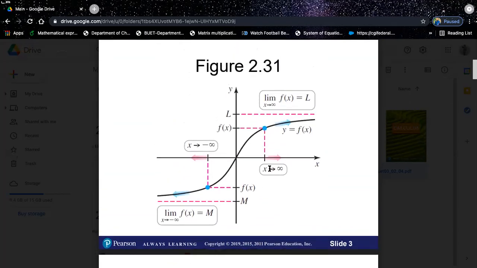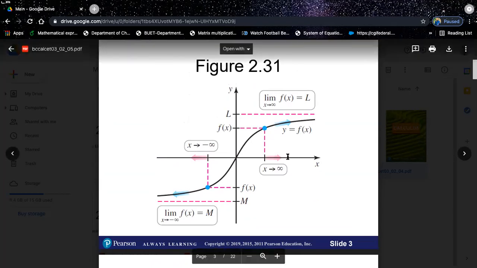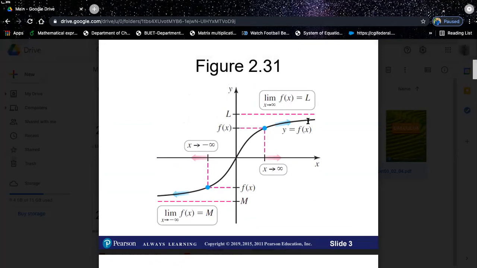Now, let's say we are going towards positive infinity. We're going in this direction. As we are moving towards our right, our function is slowly going towards this. But however big the x you take, you will see the graph is not really crossing a certain value, let's say L. It could be any value, 5, 6, 7, or anything. The graph will not cross it, will not even touch it. It will keep going like this, pretty close to that L, but it will not cross it.